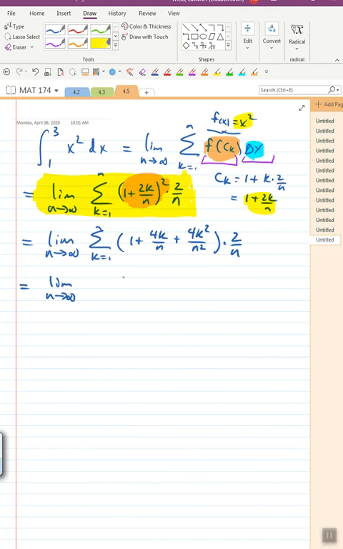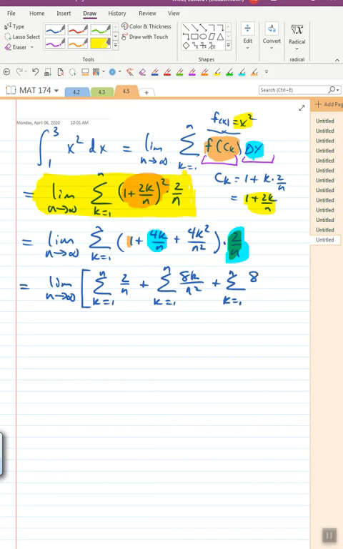Which is limit as n goes to infinity of, let's call this sum k equals 1 to n 2 over n plus sum k equals 1 to n. Now if you notice what I'm doing here, I'm just distributing, which means when I distribute the next one, I'd have what there? 8k over n squared plus summation, looks like 8k squared over n cubed.